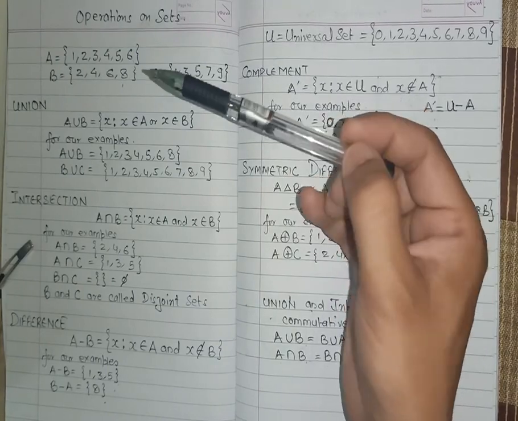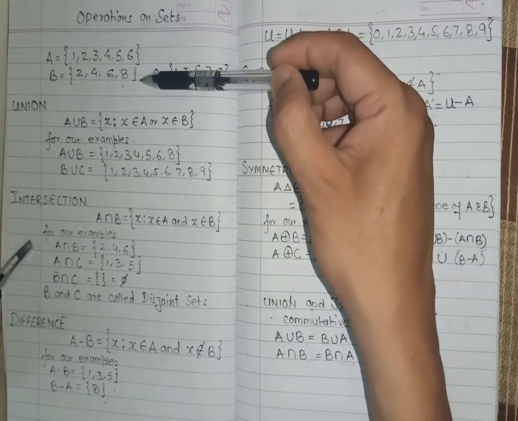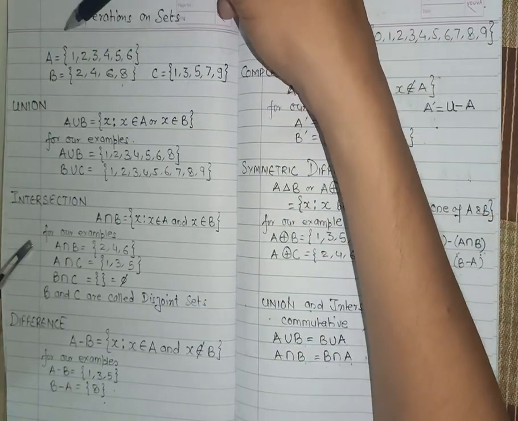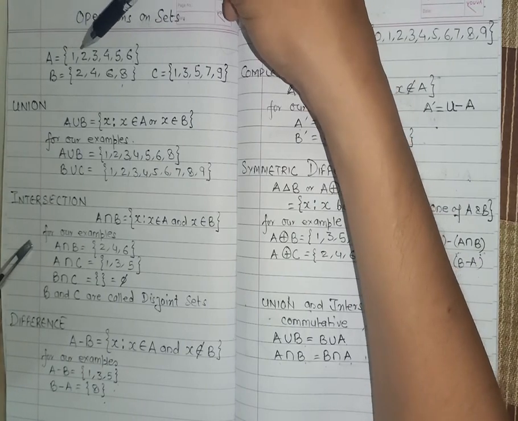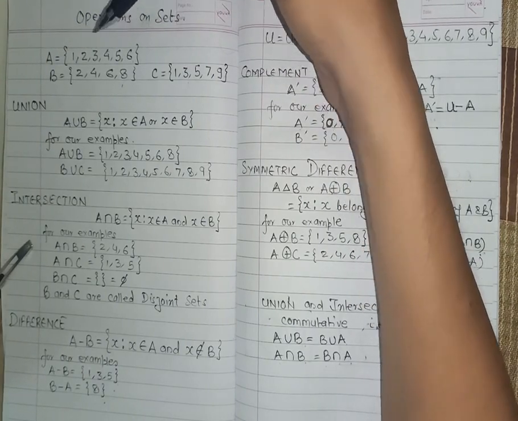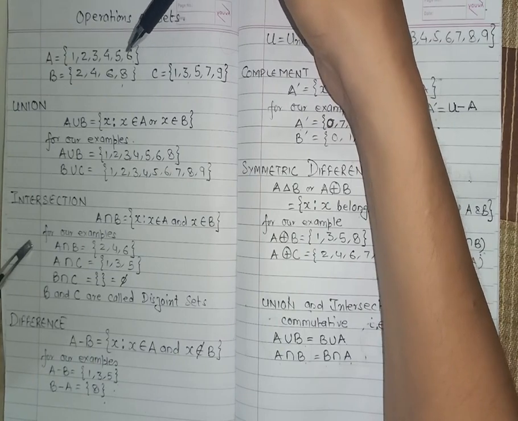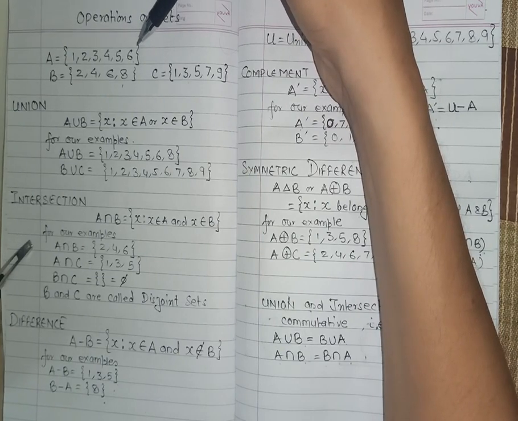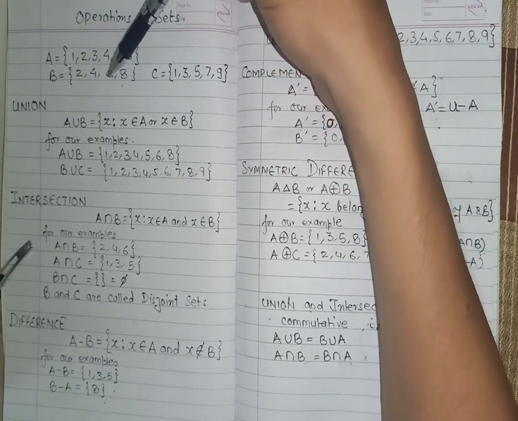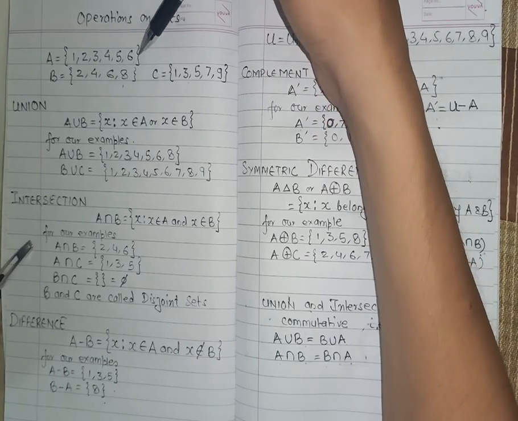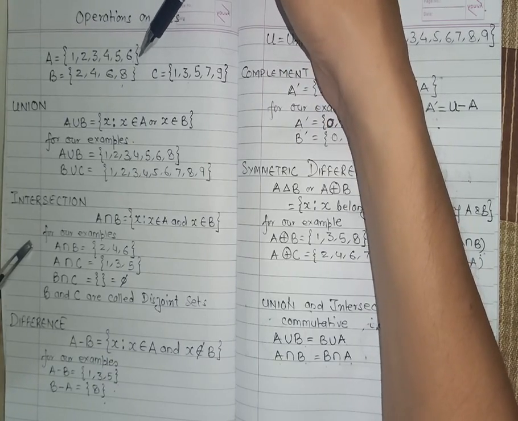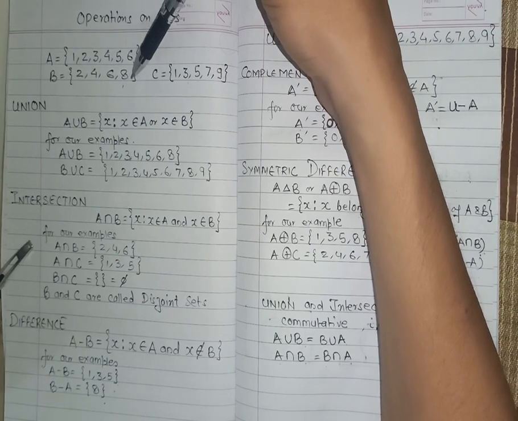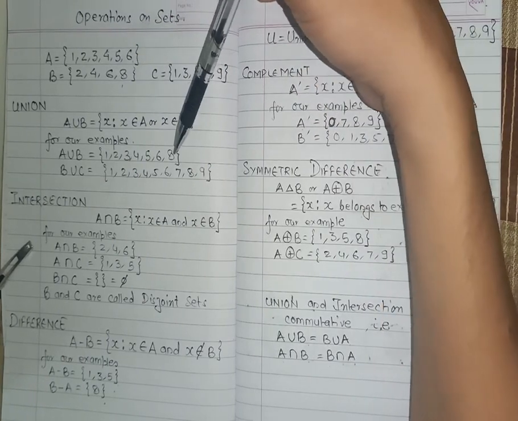In our example, if I take the union of A and B, it will be the elements 1, 2, 3, 4, 5, 6. These are the elements that come from set A. 2, 4 and 6 are already present in set A, so we will not repeat them, but the element 8 which is not present in A will be written here.